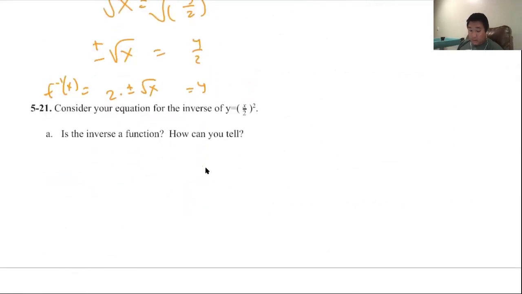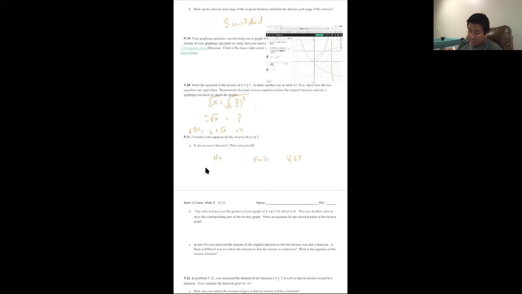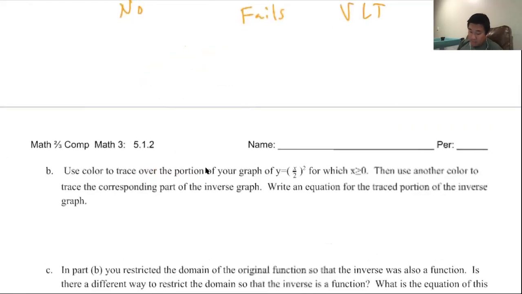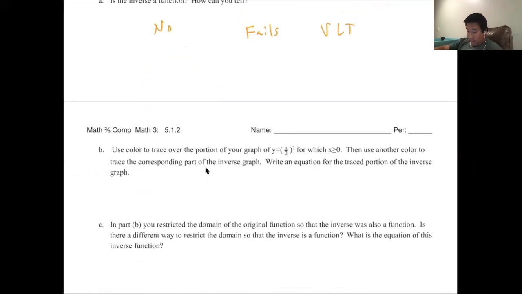Consider the equation below. What is the inverse? How can you tell? Is it an inverse function? No. It fails the vertical line test. Use color to trace the portion of the graph below for which x is greater than 0.